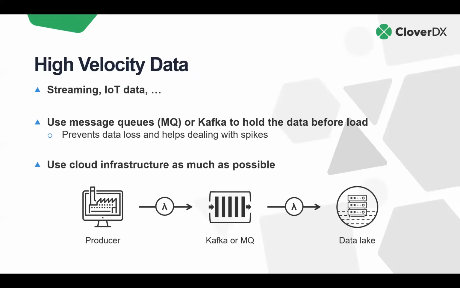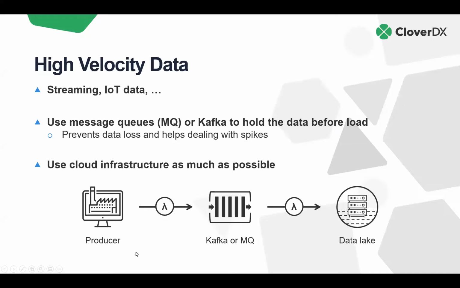A special place is reserved for high velocity data, or something that I would call high velocity. Frequently, we'll be dealing with something like IoT data or some sort of streaming use cases. Even, for example, if you have a large website, you might have clickstream data, a ton of data that you are getting all the time, right? So this is something that you want to load as fast as possible. And in many cases, the approach that worked very well for us is to use some sort of messaging system as a buffer, right?